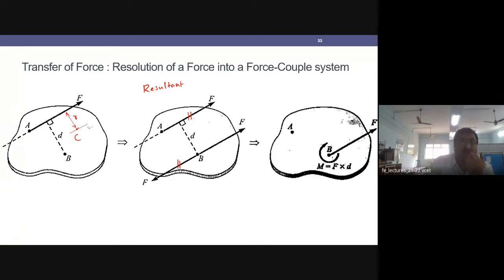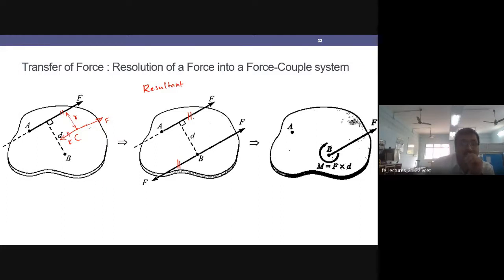If I want to transfer this force F to the point C, then at the point C I'll add an equal and opposite force F and F. Now I have a force acting through the point A, and unlike parallel forces of equal magnitude here.